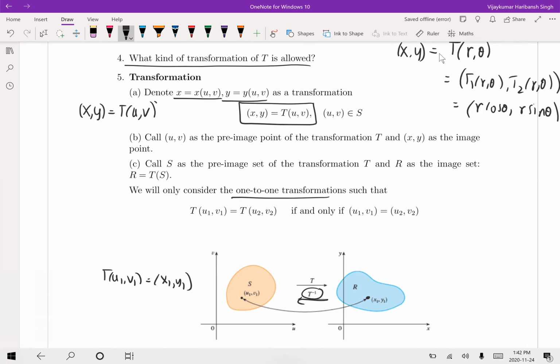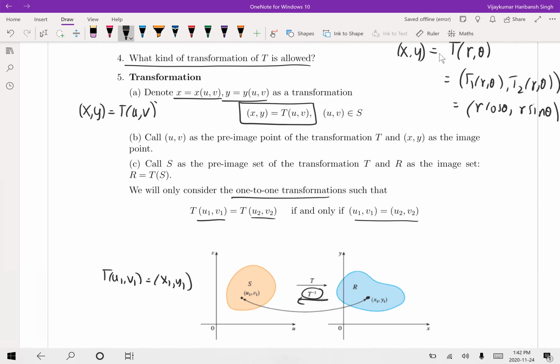Okay. So we are only considering one-to-one functions. What are one-to-one functions? One-to-one functions are functions which take two different elements. If you take u1, v1 and u2, v2, if these two elements are different, then the images are different. Or if you look at it from the contrapositive, if T of u1, v1 equals T of u2, v2, that can only happen when u1, v1 equals u2, v2.